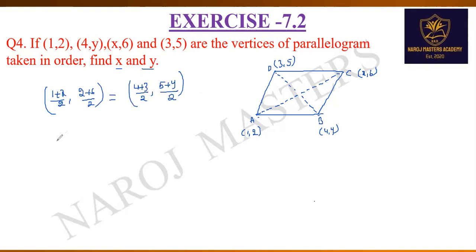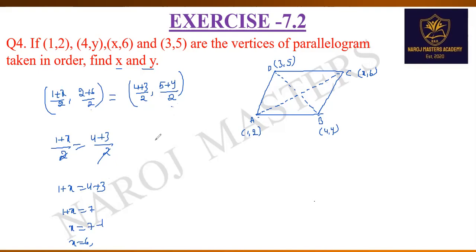Now you get x terms and y terms. So x terms: (1 plus x) by 2 is equal to (4 plus 3) by 2. Here 2 gets cancelled. So 1 plus x is equal to 4 plus 3. So 1 plus x is equal to 7, x is equal to 7 minus 1, that is x is equal to 6 here. And equate y terms.